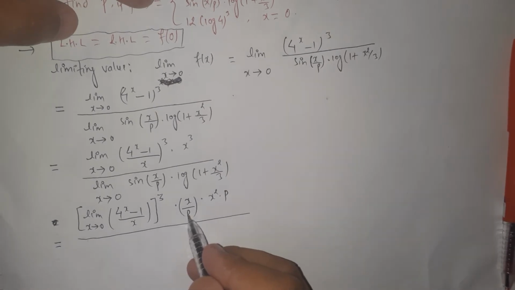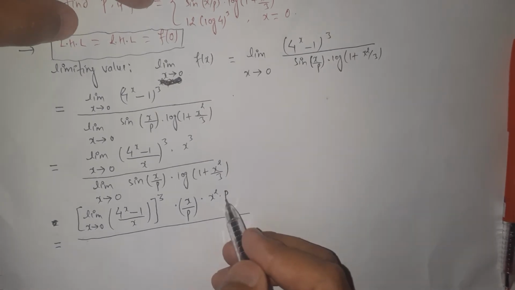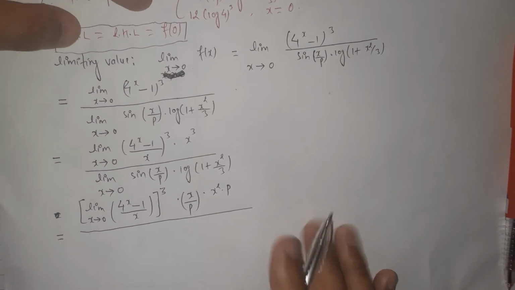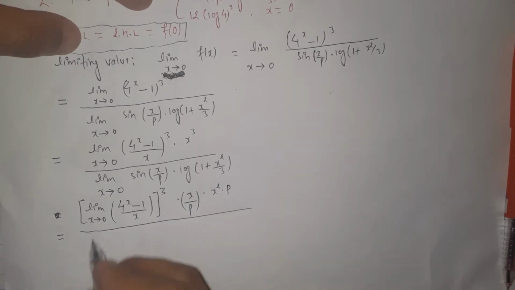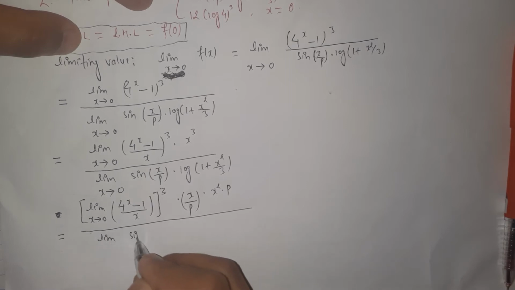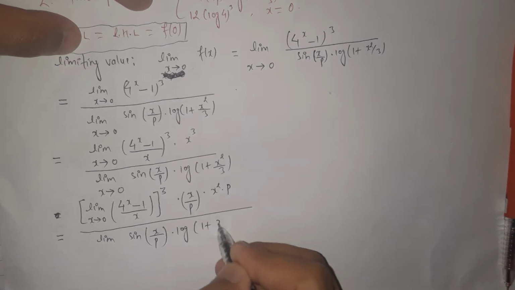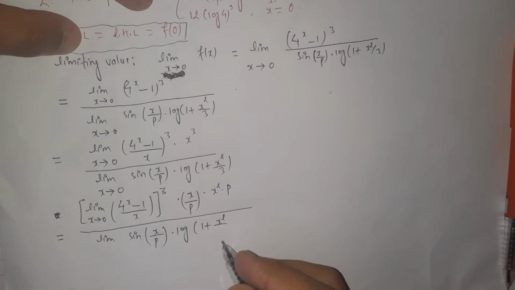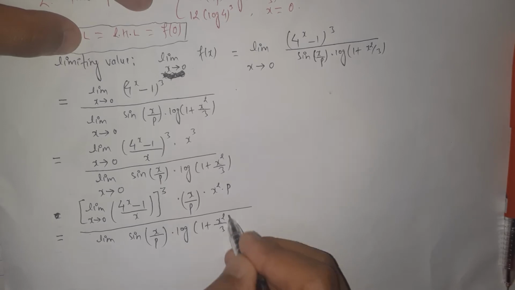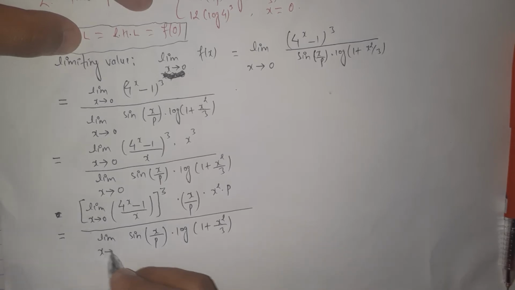We just divide by pi, and for balancing we multiply by pi, and the denominator is the limit of sine x over pi, sine of x over pi times log 1 plus x square over 3, where the limit approaches 0.